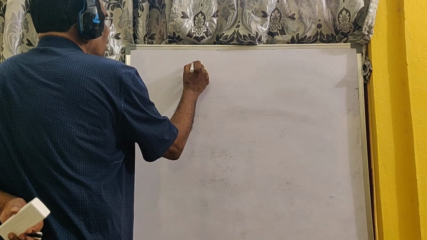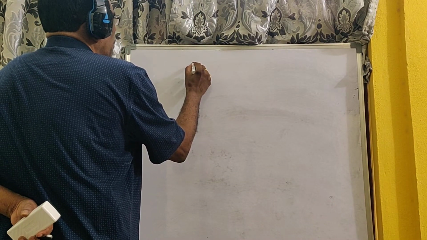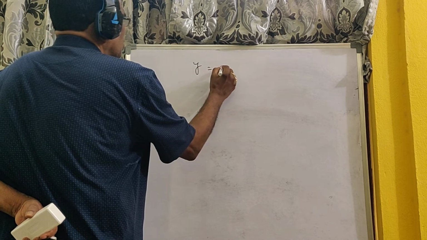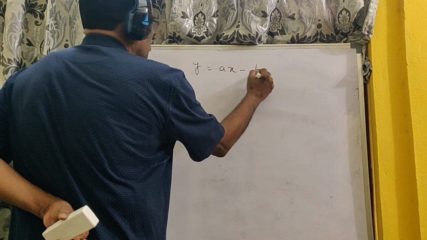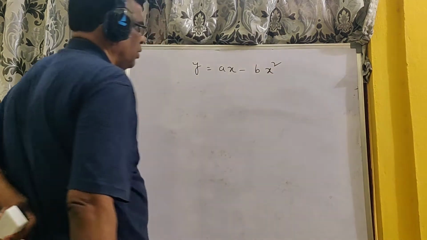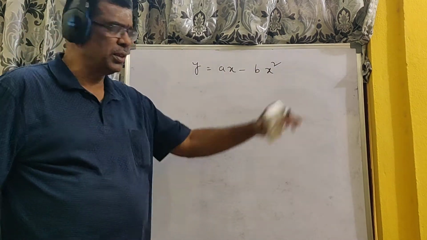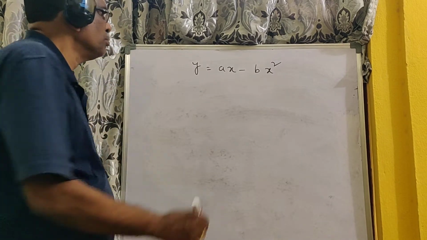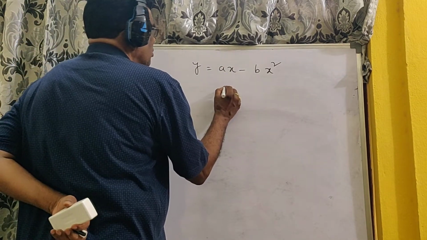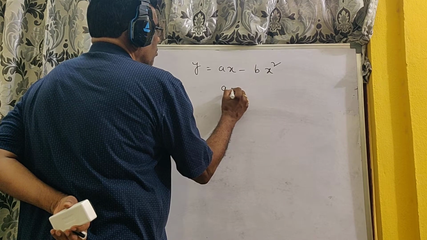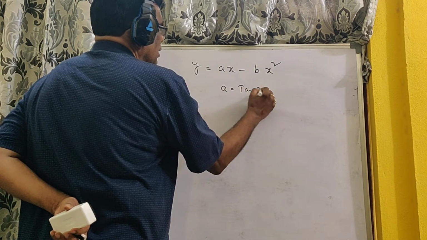Now look at this. Y is equal to ax minus bx square. Suppose they have given this, a general expression for our projectile. In this, what is A? Tan theta.